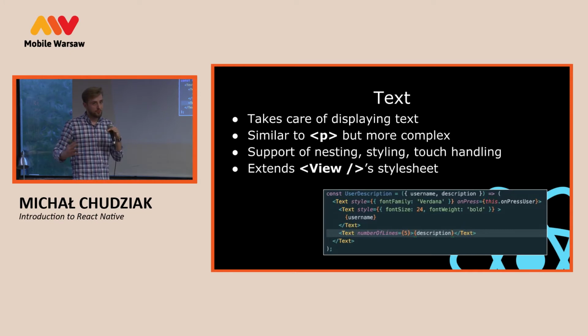So if you want to create a very simple button, you can just create a Text component and add an onPress handler, and then you are ready to go. Also, it extends the View's style sheet, so all the valid style props for View are also valid for the Text.